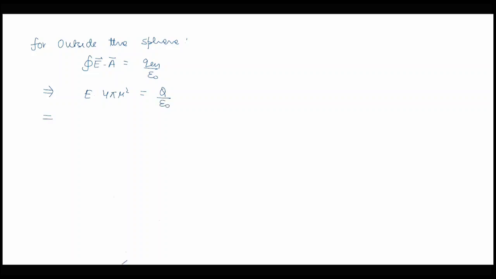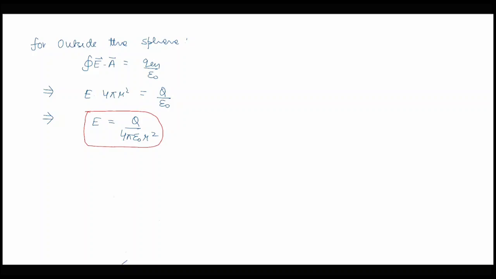The total charge of the sphere gets enclosed inside the Gaussian surface, and the value of electric field comes out to be Q upon 4 pi epsilon naught r square.